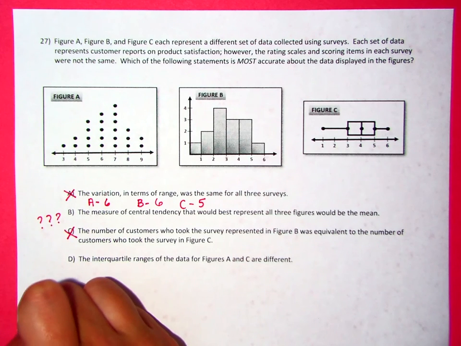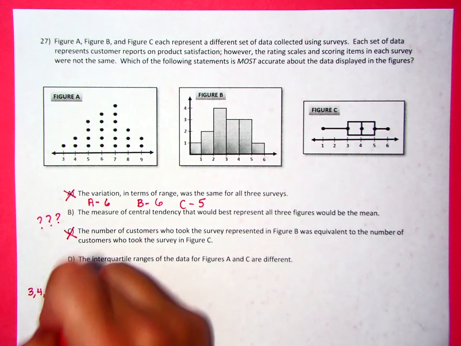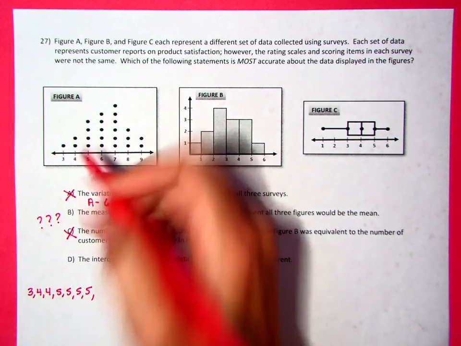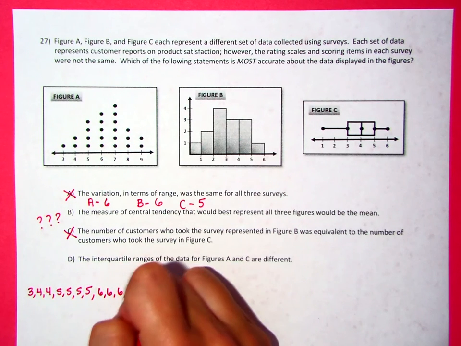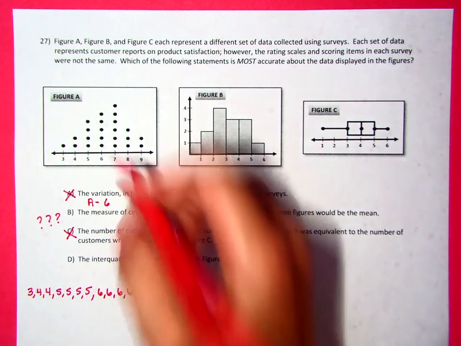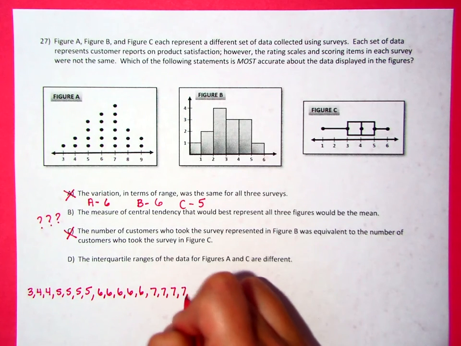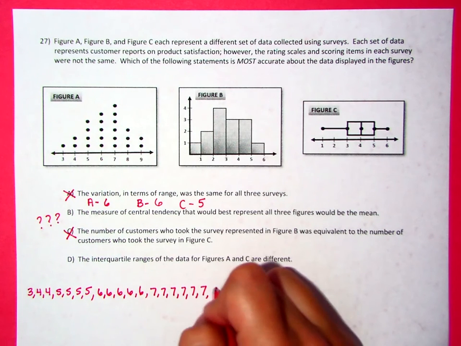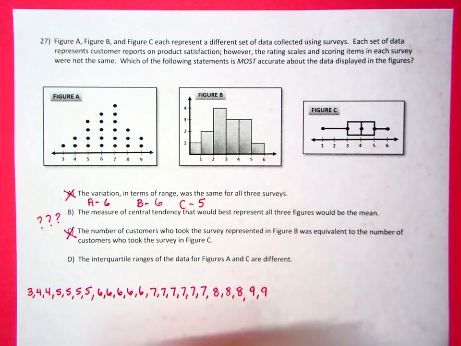So we have 3 and then 2 4s. Then we have 4 5s, and then we've got 5 6s. And then we have 6 7s here. Then we have just 3 8s and then 2 9s.